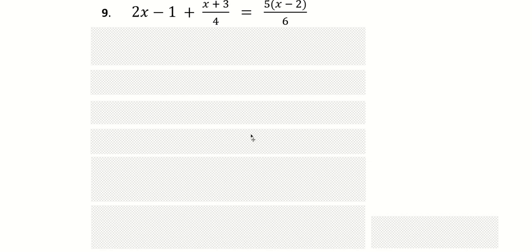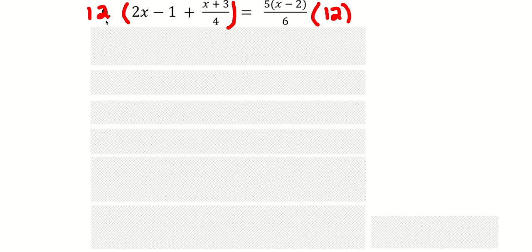One more problem. So we have these fractions. And so what would we multiply both sides by that would clear both the 6 and the 4? Well, 24 would be fine, but I think if we just multiply both sides by 12, 12 would be more of a least common multiple.